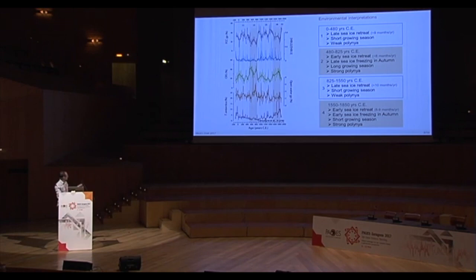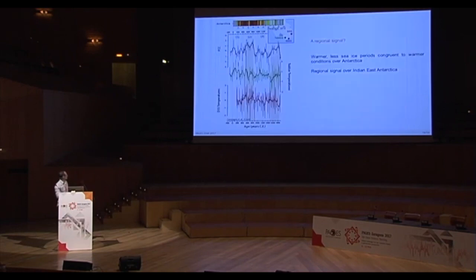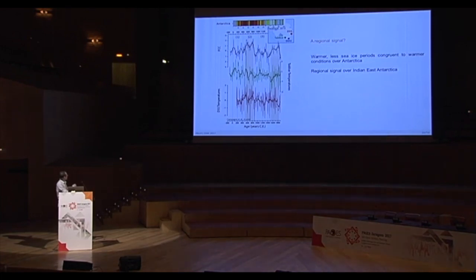So when you have these environmental conditions, we start to try to see whether this was a very local signal or a regional signal. So we compare here the sea ice proxy, reversed on the y-axis, to oxygen isotopes in Talos Dome and Law Dome. And there is, let's say, quite a good agreement between the records, where you've got less sea ice off Adelie Land, and warmer temperatures in Talos Dome and Law Dome, and again as we go back in time.